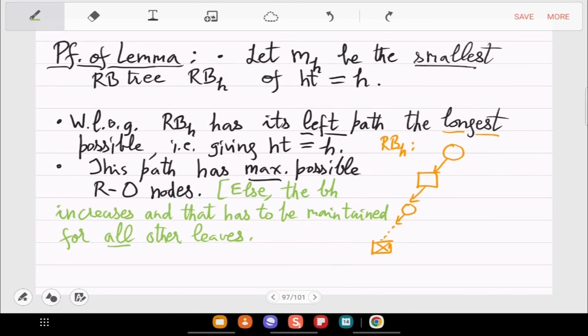So which will mean larger size. Okay, so the more blacks on this one path, it forces other paths also to have that many blacks. So you have to work out this green hint and deduce that this path actually has the maximum possible red nodes, which has to be around half, right?